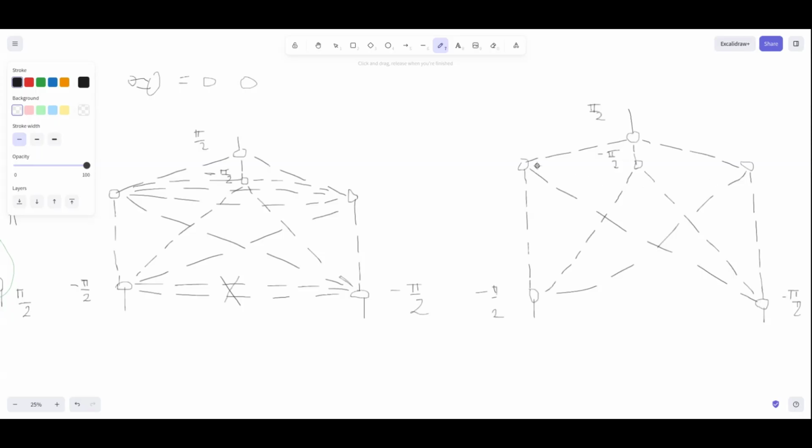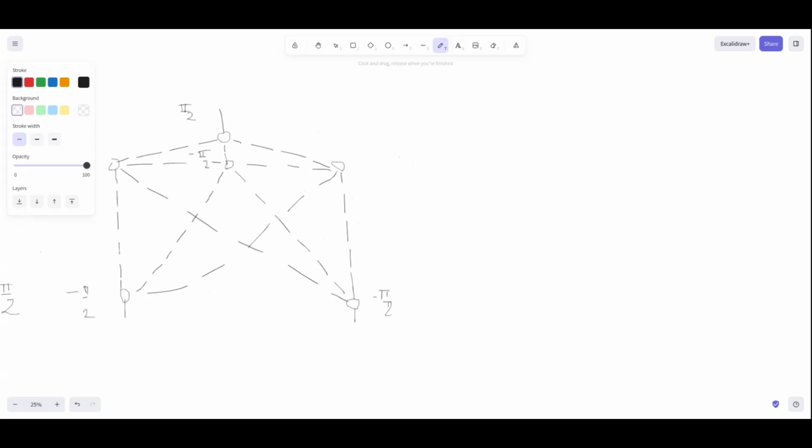We conserve this. But this disappears. Normally we have what we need to have. Okay, great.